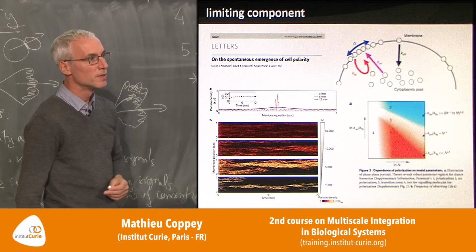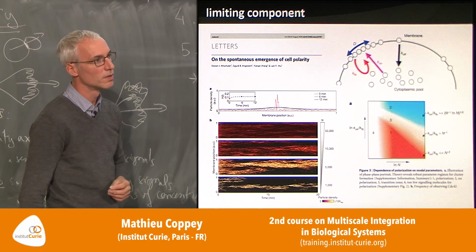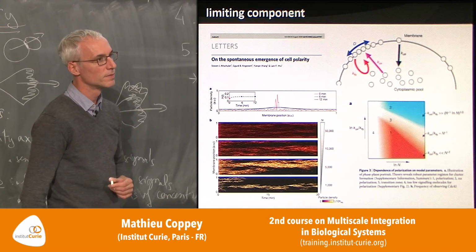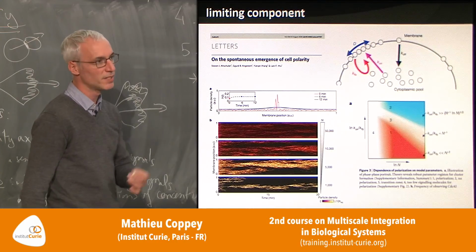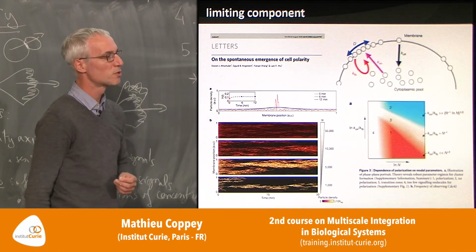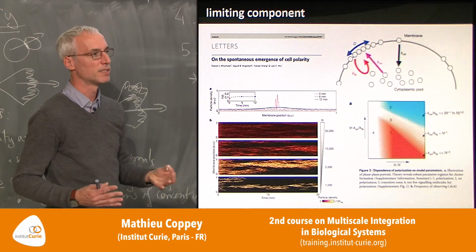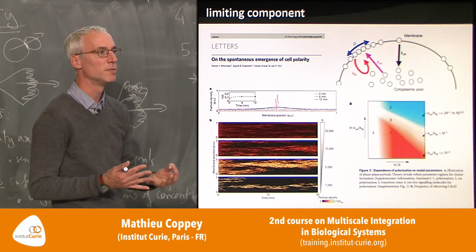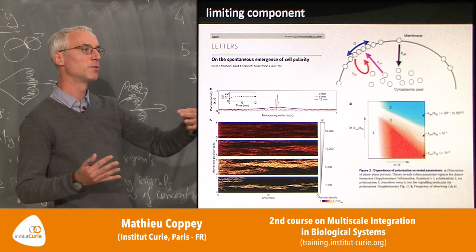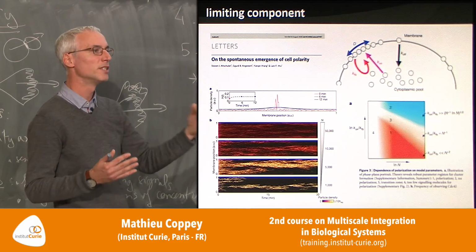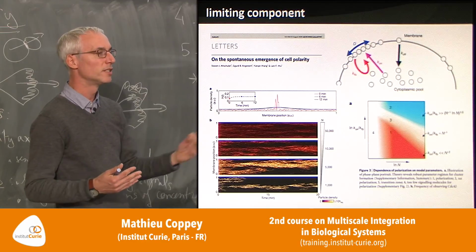But maybe you would have other regimes where, in fact, you have this patterning but driven by production of some component. Yeah. And that's a different regime, yeah. It depends on the time scale. Somehow the polarity I'm speaking about here, there are processes that are quite fast, actually. They happen on a time scale of a couple of minutes. And the time at which normally you have this homeostasis between synthesis and degradation is over hours.